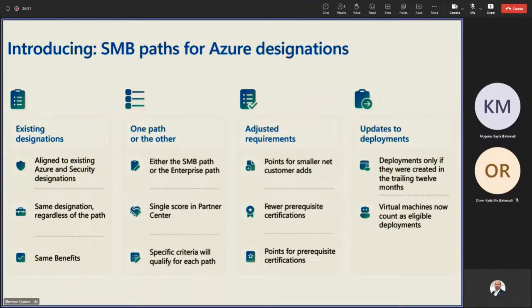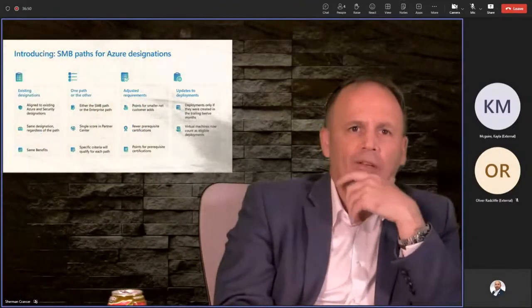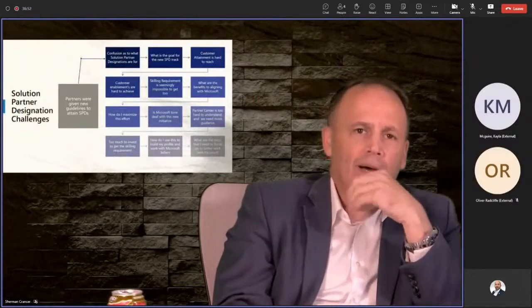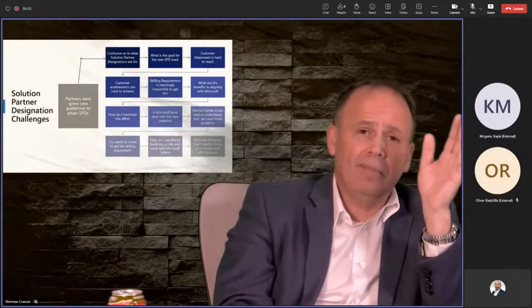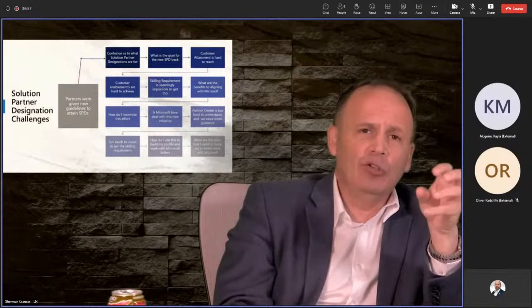I'll get into this in just a moment. But the other thing that I really like about this is they said, okay, we're also going to allow virtual machines to be counted as deployments. That's the main thing. They're going to allow virtual machines. And then there are a couple of slides here that have some real nuances.